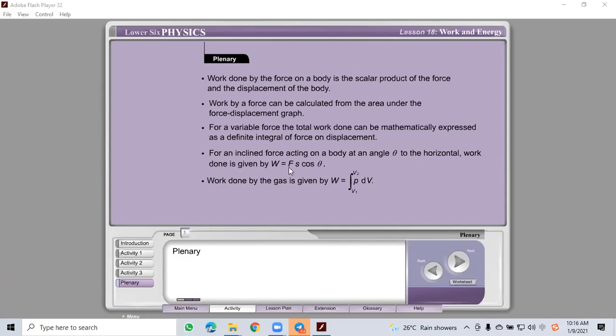That means the force component must be in the same direction as the displacement. And work done by a gas is given by W equals the integration of P dV, with the limits from V1 to V2.